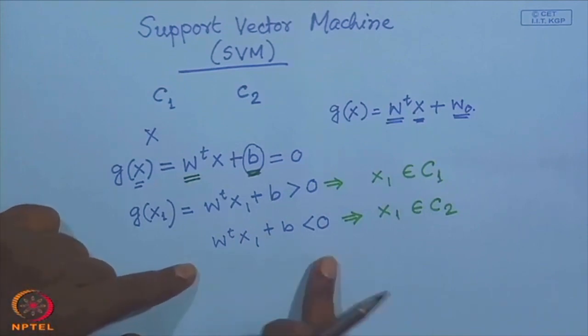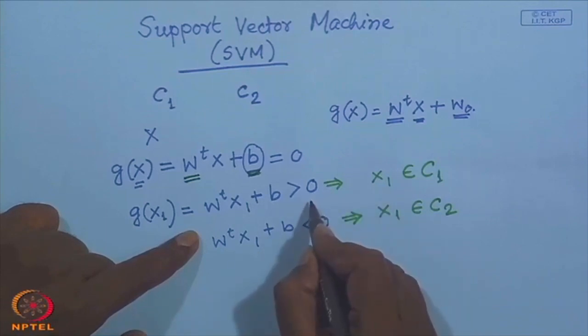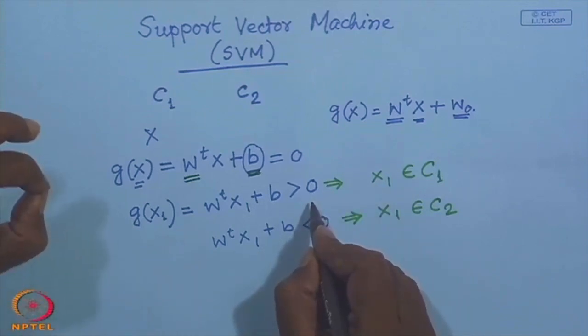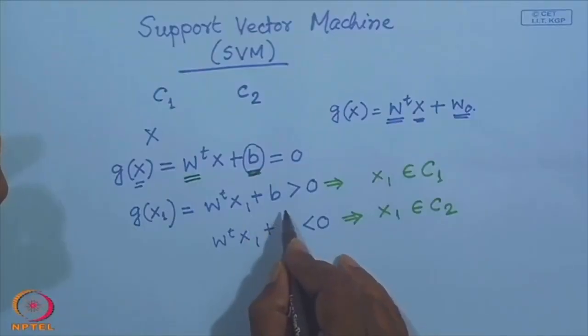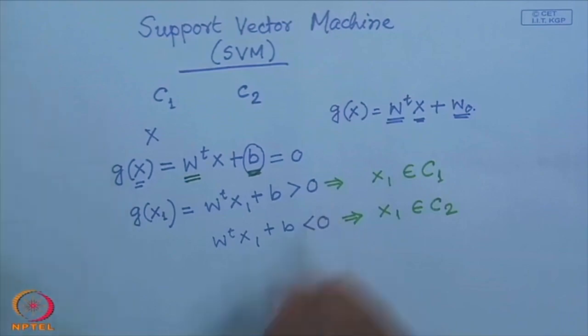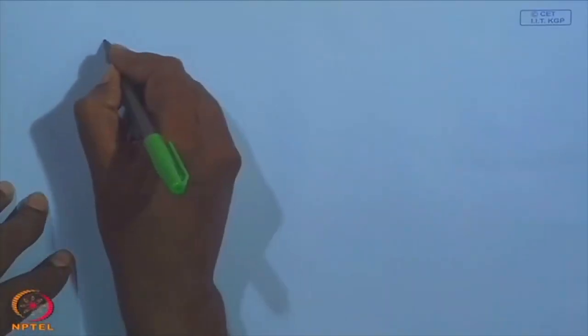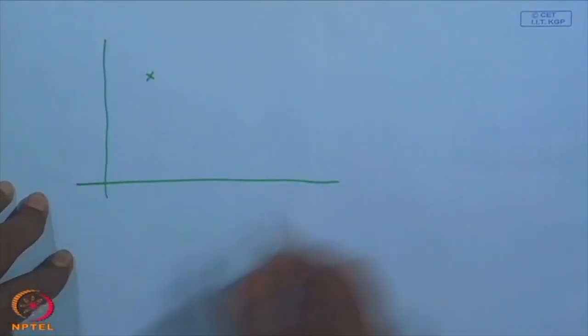And we have also said there that if a sample is just beyond this hyperplane W transpose x plus b equal to 0, even then it might be correctly classified. But the classifier that I so obtain, I can have a situation something like this. Let us take two dimensional feature vectors, something like this.